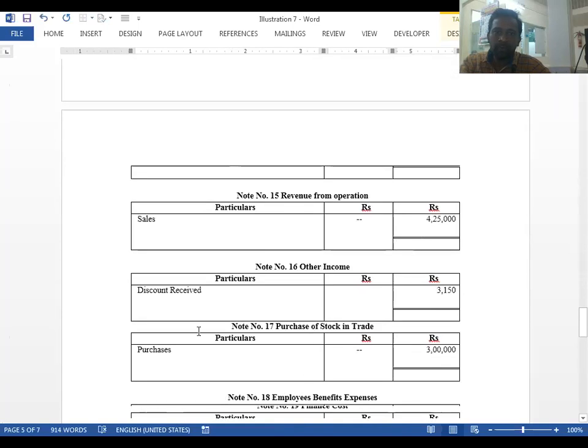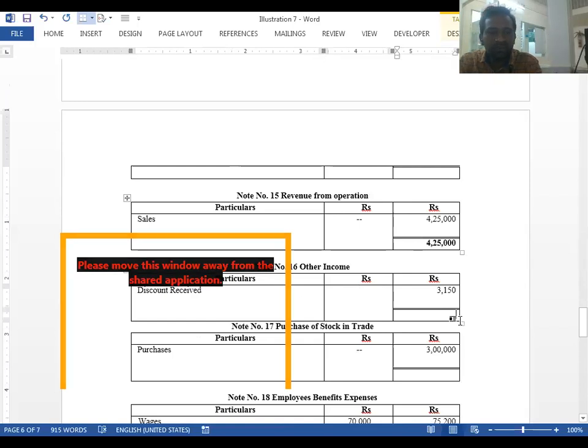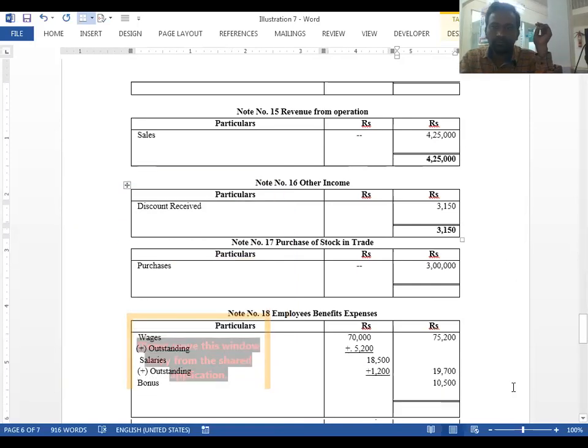Note number 15, revenue from operation, what is the total? 4,25,000. Other income 3,150. Then purchases of stock in trade, 3 lakhs.